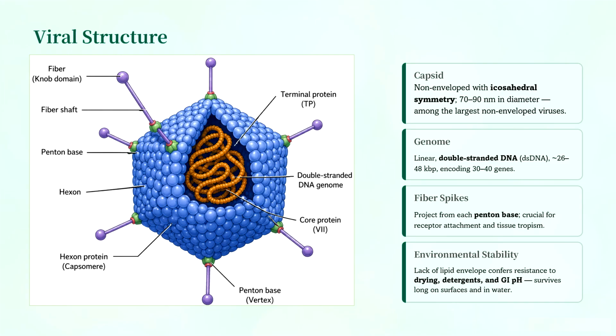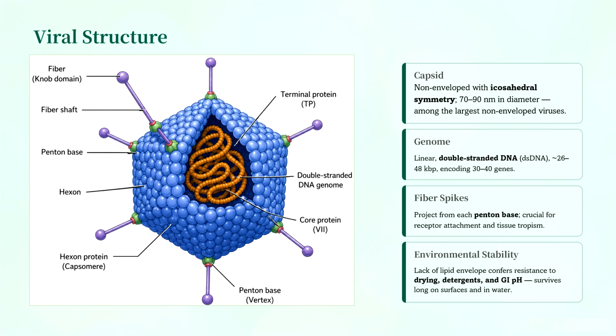The viral capsid is composed of 252 capsomeres. The capsid structure consists of 240 hexon capsomeres forming the faces of the icosahedron and 12 penton capsomeres located at the vertices. The hexon protein is the major structural protein and contains antigenic determinants.